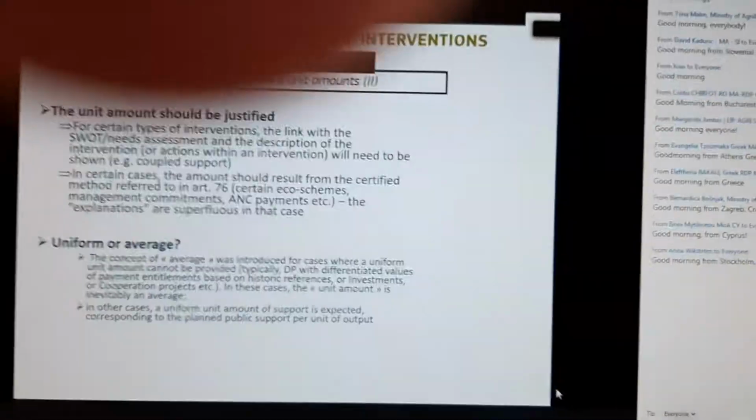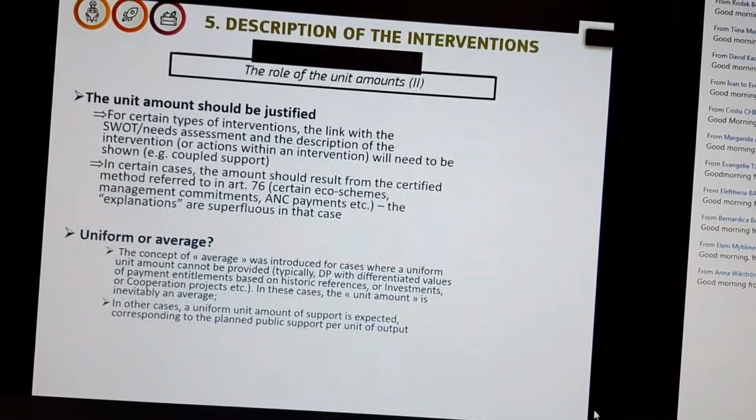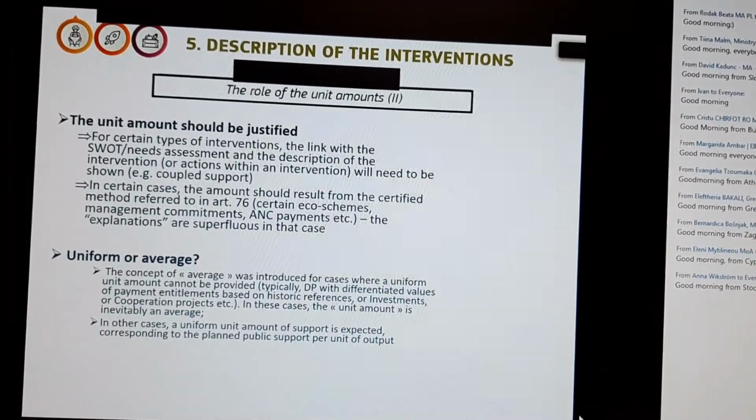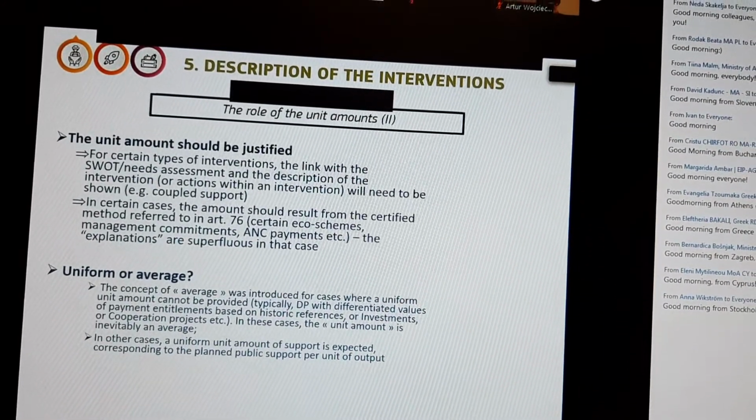So why has this unit amount been chosen, why will it fill the gap of the needs assessment that you've made? So we'll have to see a certain explanation or justification here on why this level has been decided and set.